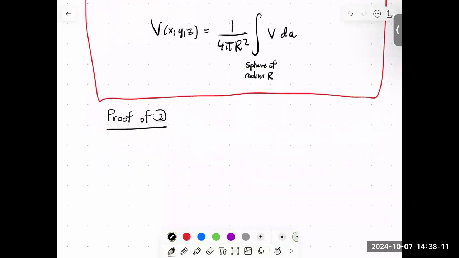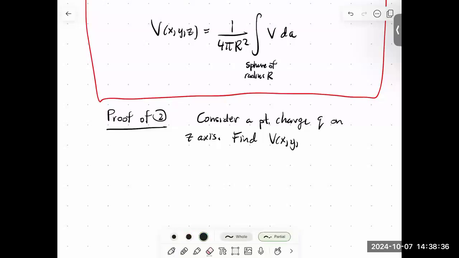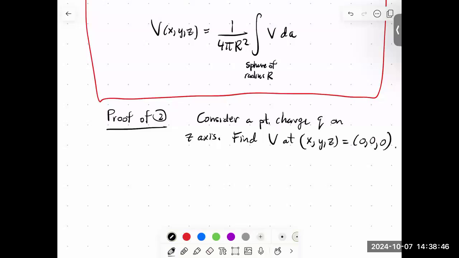All right. So we're going to do it for a point charge. So we'll consider a point charge Q on the z-axis. And we want to find V at x, y, z equal to 0, 0, 0.